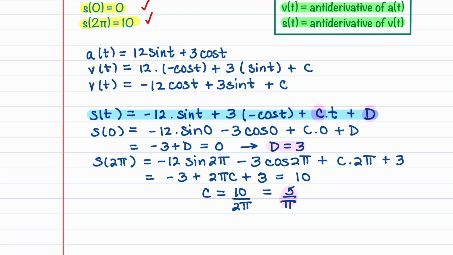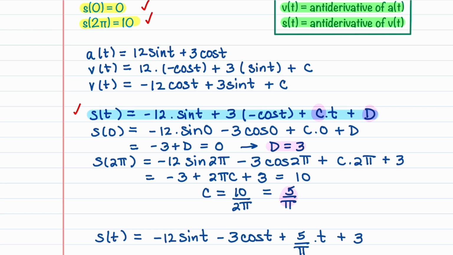And we'll highlight that. Now all we have to do is substitute in c and d into this equation right here. This gives us s at t, that's our position function, is minus 12 sine t minus 3 cosine t plus 5 over pi times t plus d, which is 3.